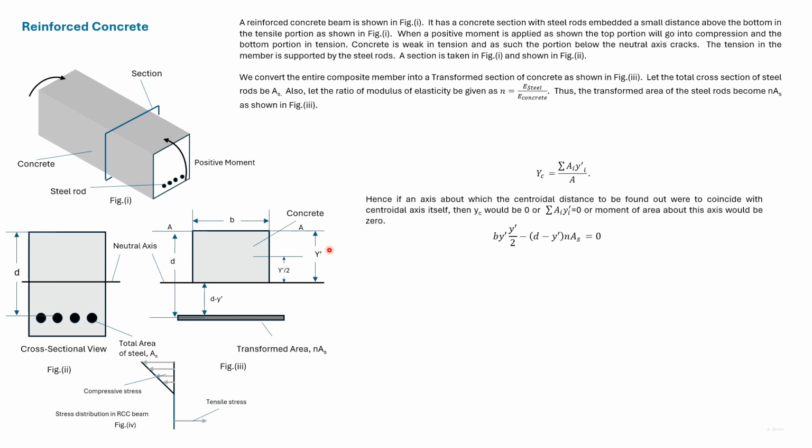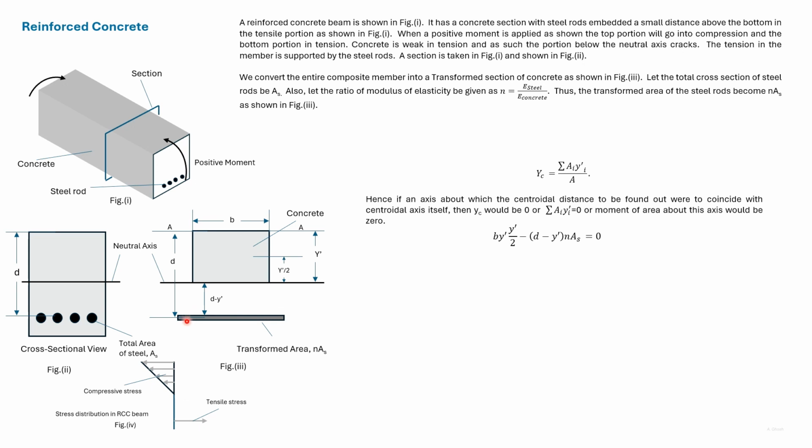Y dash is the depth of the central axis from the top layer. So the moment of this portion about the central axis is b y dash into y dash by 2, as given here. This distance is d minus y dash.